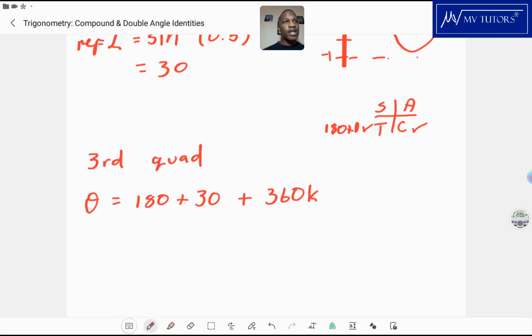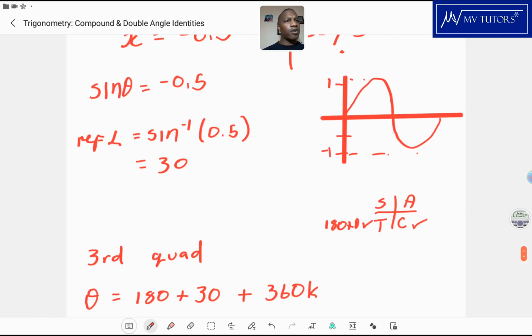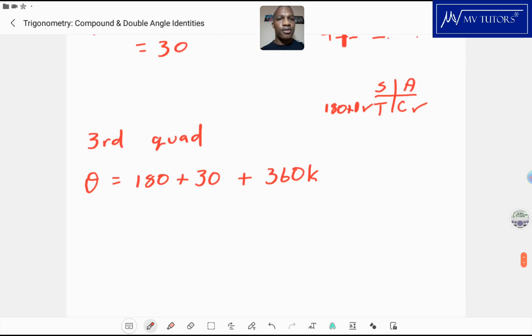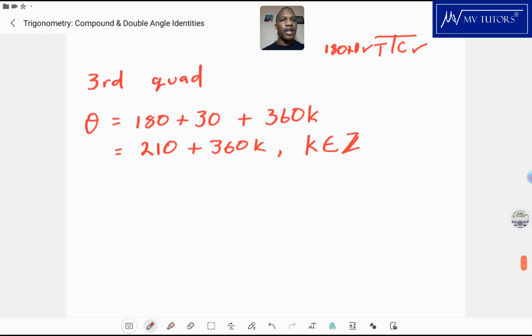This means that it repeats itself every 360 degrees as the graph oscillates. So 180 plus 30 is 210, plus 360K. Now K has to be an element of the integers, whole numbers like 1, 2, 3, 60, 70.